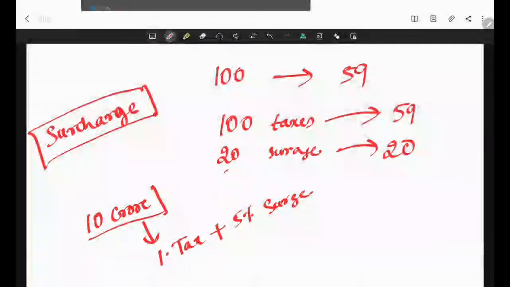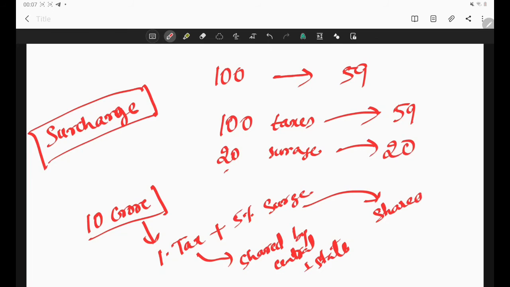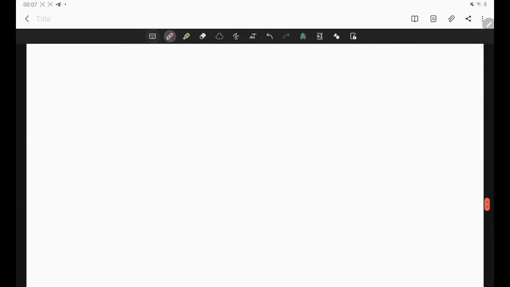Here this income tax is shared by central government and state government, but this surcharge is not shared. So this is the main difference between tax and surcharge.